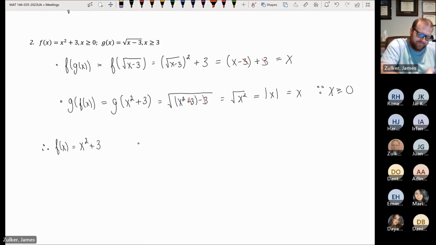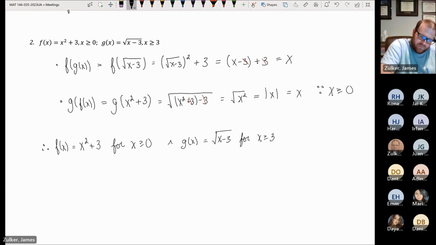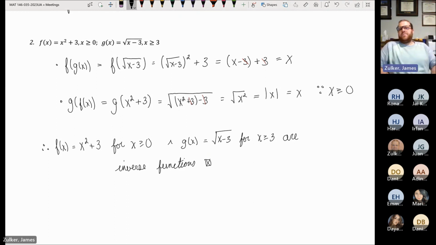This shows that these two functions, f and g, are inverse functions.